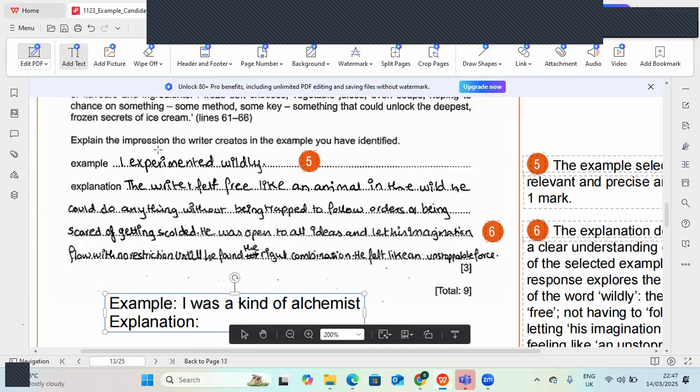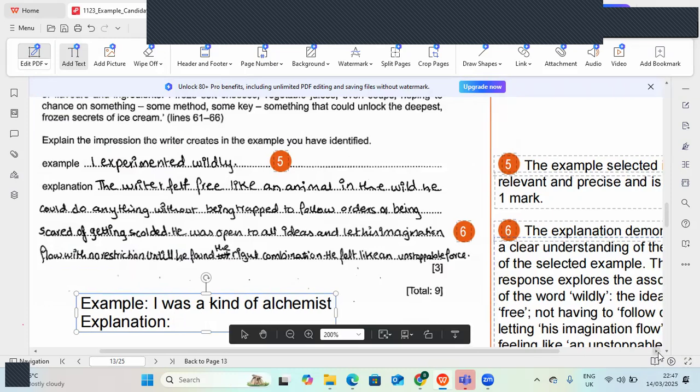Because he was testing out different combinations and ingredients, and he was talking about it like how chemists or alchemists talk about their experiments. All right. Okay, good. And this is a 3-mark question, and you make sure you give multiple reasons in order to explain that simple statement.